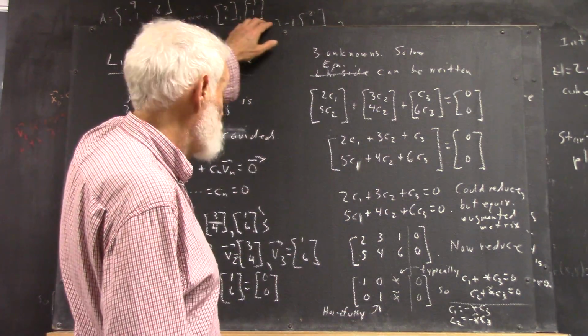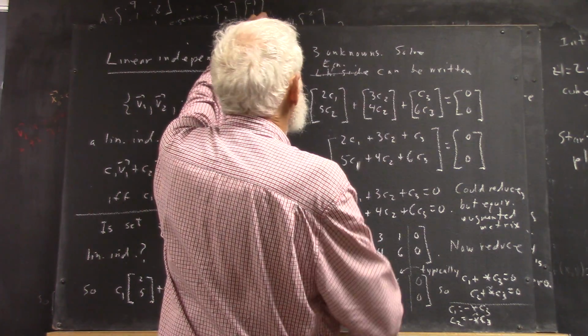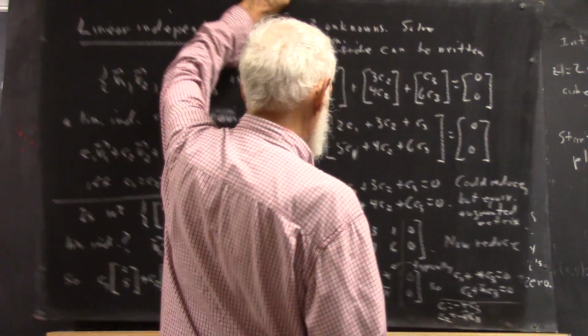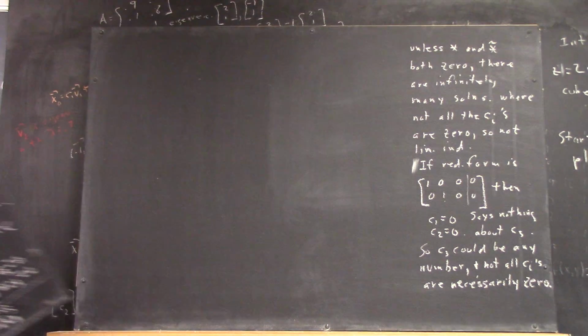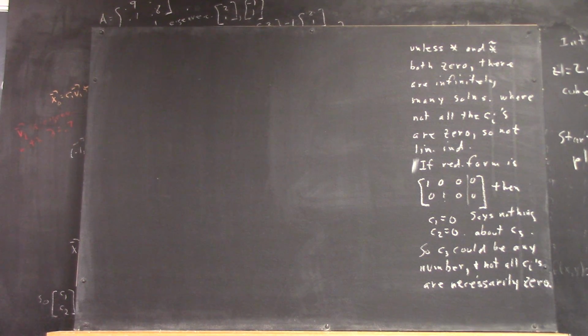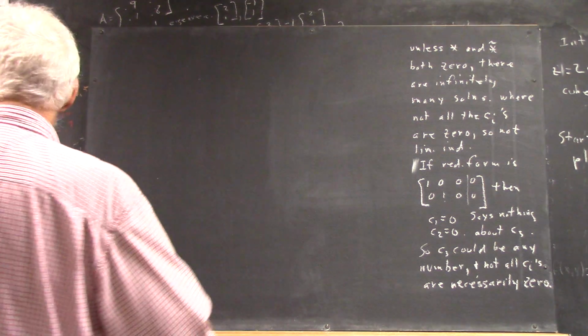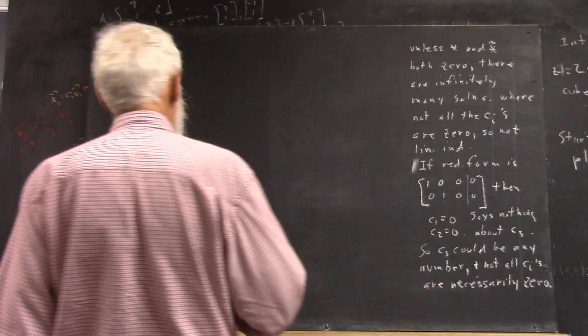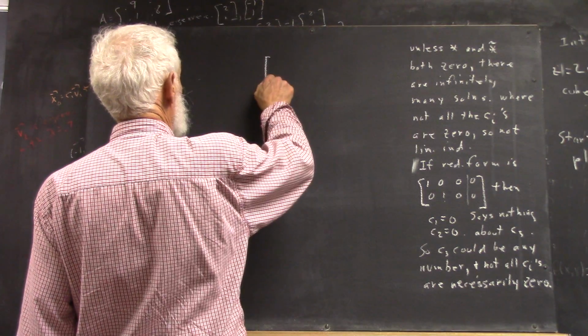Now, what's another possibility for this system? Well, it's really easy to see that the system that we had over there could be written as a matrix equation, right?